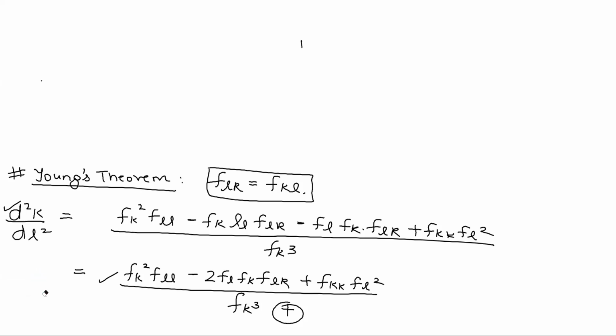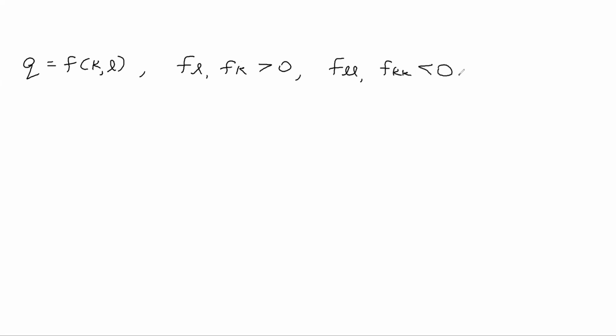Let me clarify it once again so that students do not get confused. Basically, what we have done is we were given the function Q as a function of capital and labor. We were given that FL and FK are positive, and we were given that FLL and FKK were negative. Now, what we are doing is we need to show that isoquants are convex to the origin.